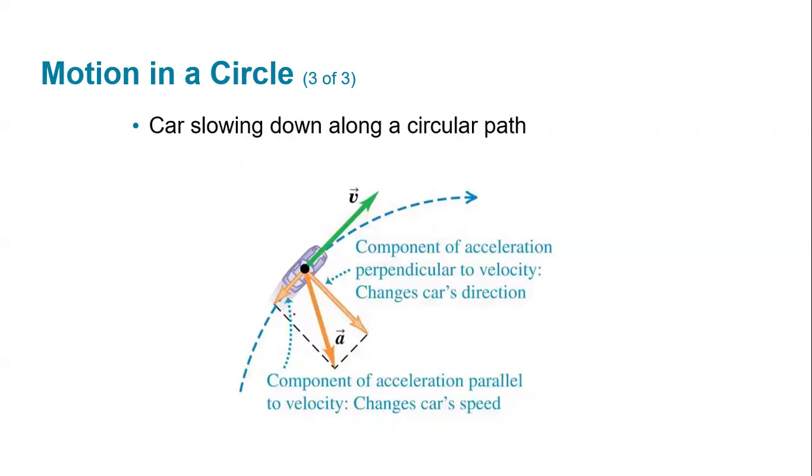So if you're slowing down, we discussed this a while ago, it tilts backward. So your acceleration has a component perpendicular to velocity, which changes direction, and a component of acceleration parallel to velocity that changes the car's speed.